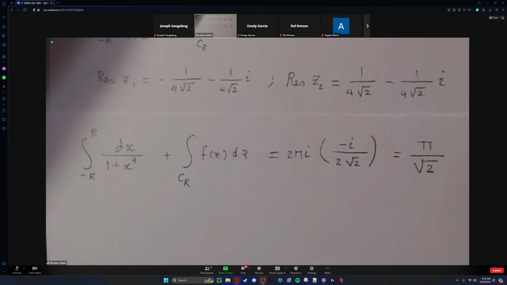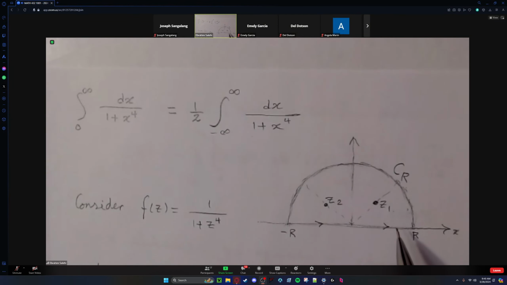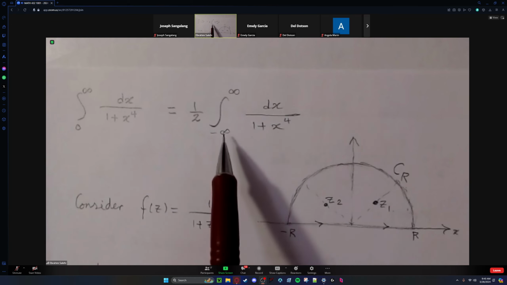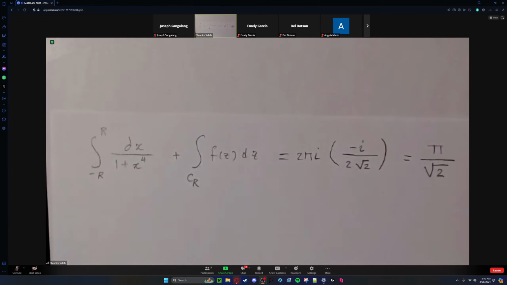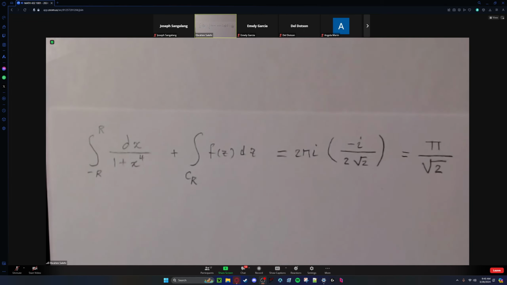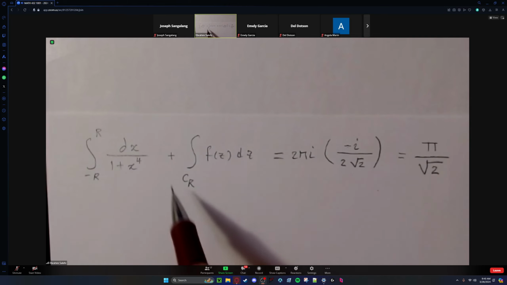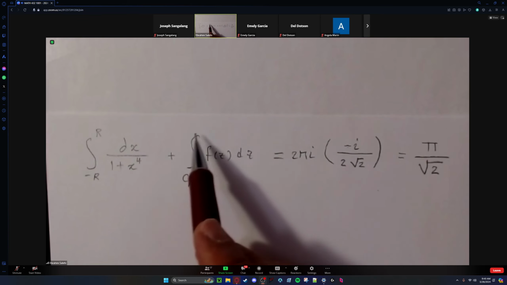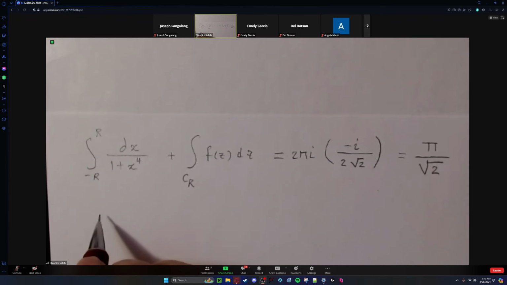Now, remember, we were integrating here in this one. But we are after this. Now we are going to let R approach infinity. As R approaches infinity, if I can prove that this is going to be 0, then, okay, let me write it down.